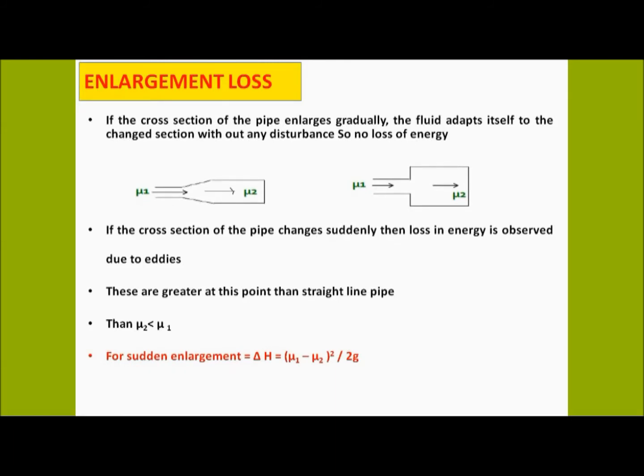You can calculate the loss of head, or loss of energy, as u1 minus u2 whole square divided by 2g. This delta H is the head loss due to the sudden enlargement. This is the formula used to calculate the loss of energy due to enlargement, right?